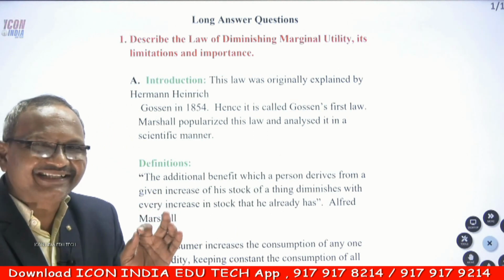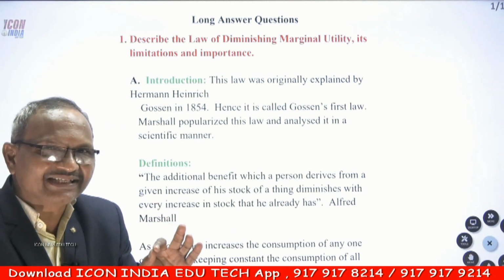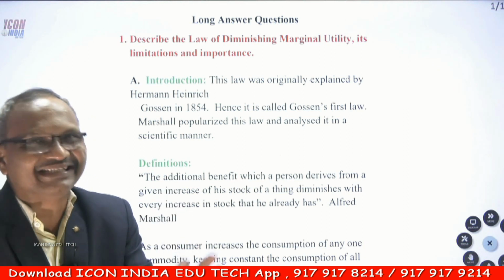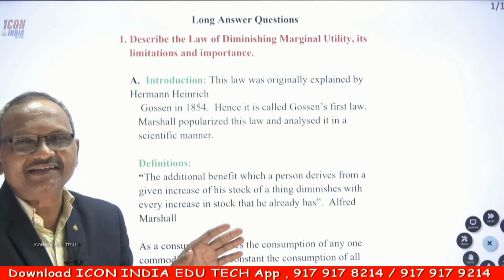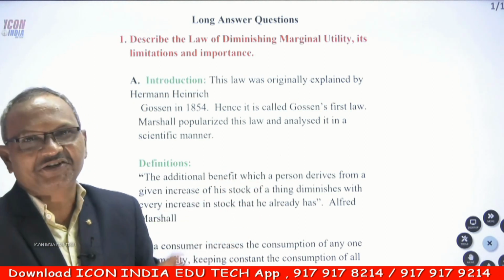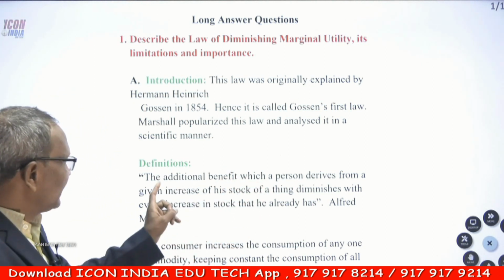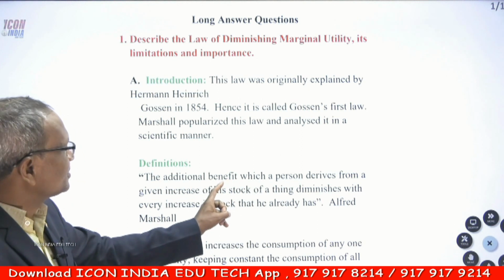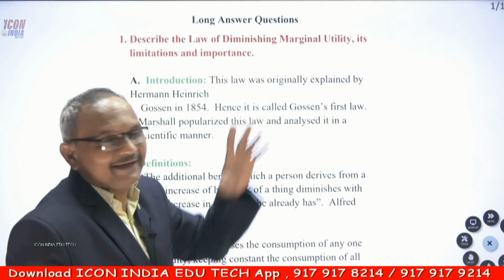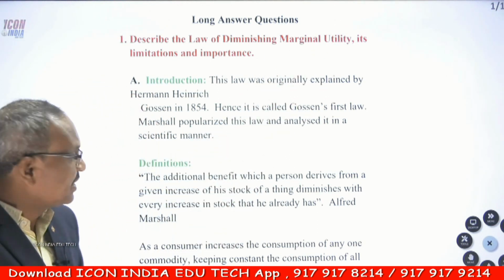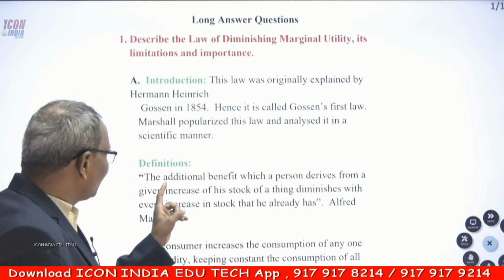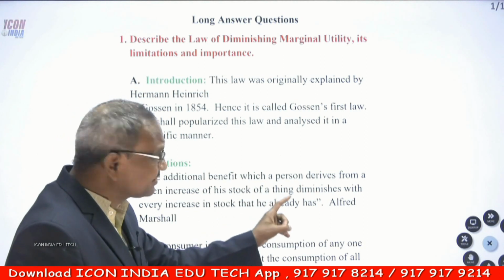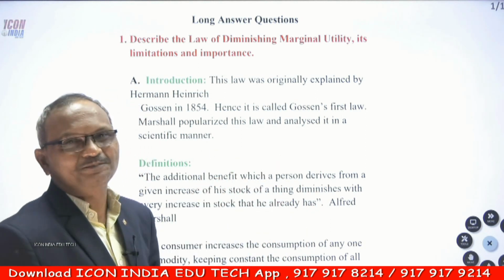So while presenting the answer, you should write the definition as it is. You should not make any changes in the definition. Additional benefit means what? Additional utility. Additional utility which a person derives from a given increase of the stock of a thing. Thing means good.